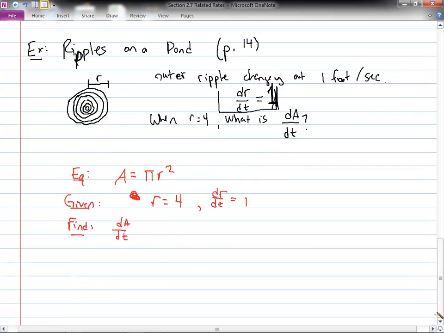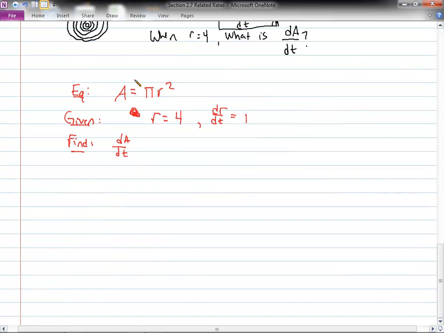In general, all these are going to be done in a similar way. We're going to take the equation and take the derivative of both sides with respect to t. So the derivative of A with respect to t?